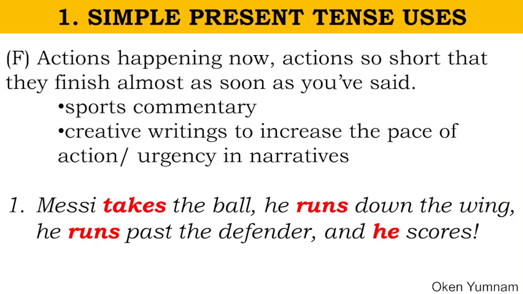See here, Messi takes the ball, he runs down the wing, he runs past the defender and he scores. See here, all the verbs in red letters, they are in simple present because the actions are so short that the moment you utter them, the action is finished and the next action comes on. So for such commentaries like in sports, we use simple present tense.